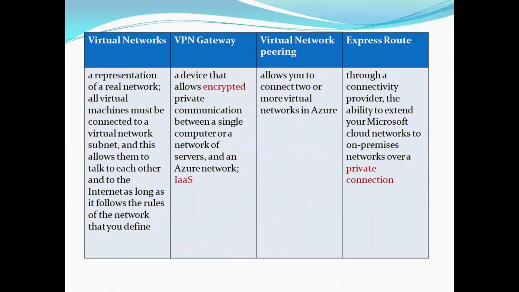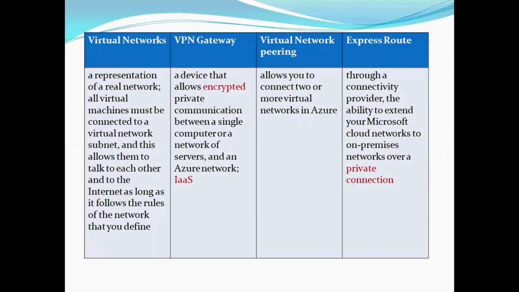Now we will see the different types of networks for Azure. First is virtual networks. All virtual machines will be connected to a virtual network subnet, which allows them to talk to each other and to the internet. Next is VPN gateway. Usually there will be questions around this with the word encryption.